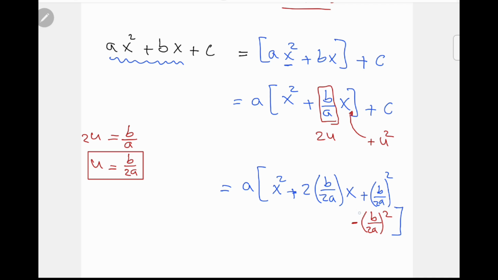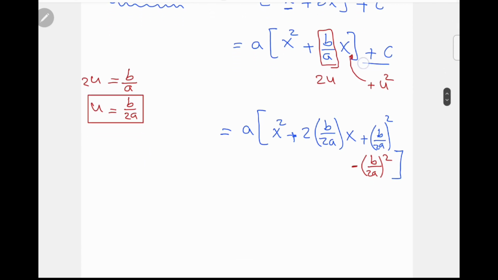So if you cancel, look at this, if I cancel this with that, and 2 with 2, I go back to the original equation. So nothing has changed yet. And then of course don't forget to add the c, the constant c, which is outside the bracket. So now we can expand.